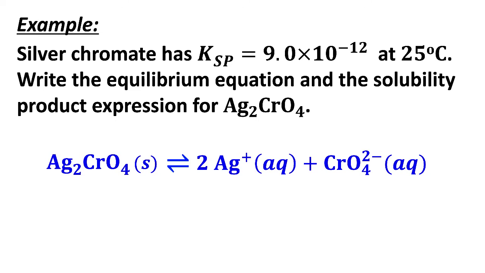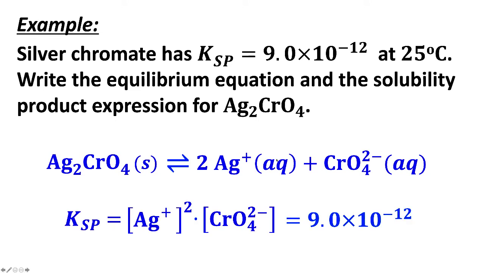And then K sub SP equals the Ag+ concentration squared times the chromate concentration to the first power. Note, of course, we don't write Ag2CrO4 in the equilibrium constant expression because it's a solid. And then the product of these two concentrations is equal to 9.0 times 10 to the minus 12th.